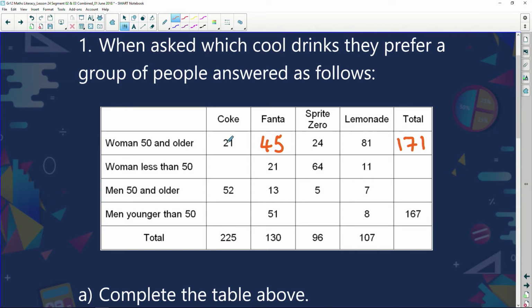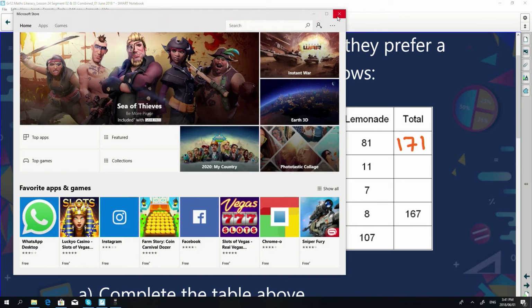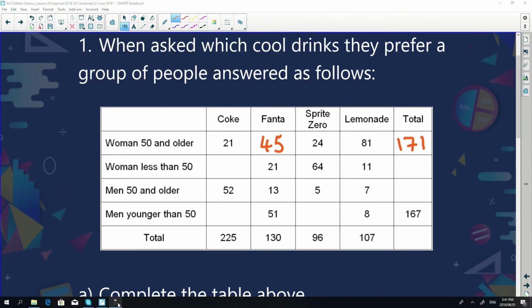Now, let's look. Where else do we have one missing? Well, in this row, I've got two missing. Here's a nice one. This row only has one missing. So I can find the total for the number of men who are 50 years and older. And again, folks, I'm going to take my calculator to do this because then I don't have to think.